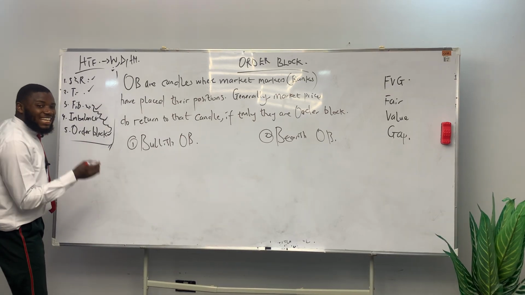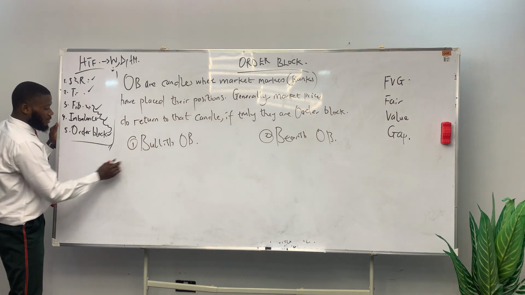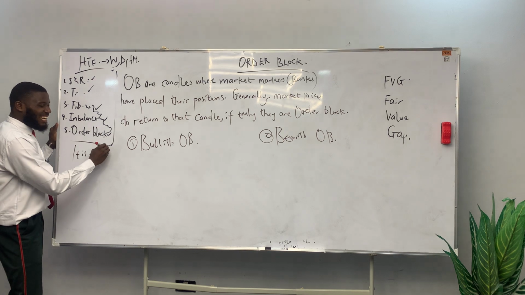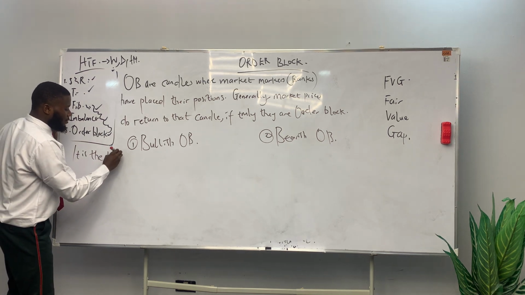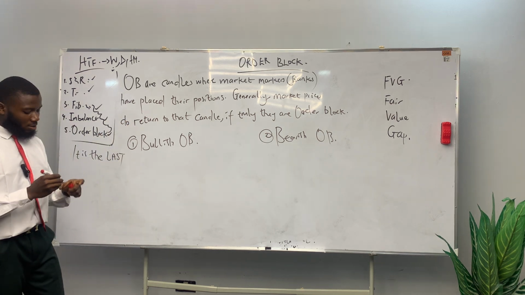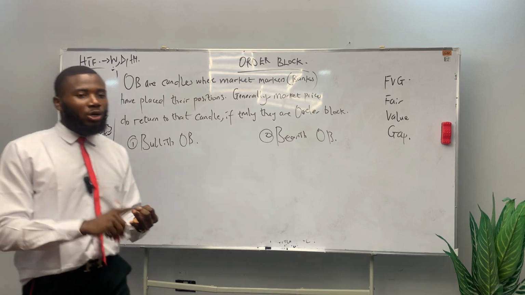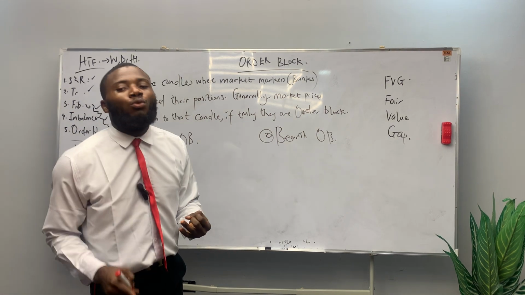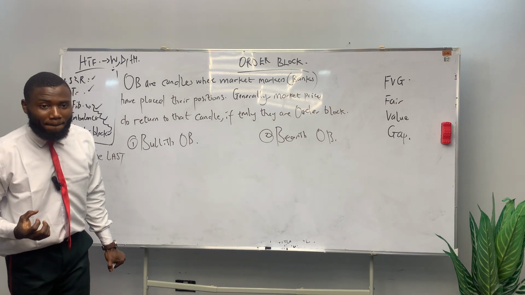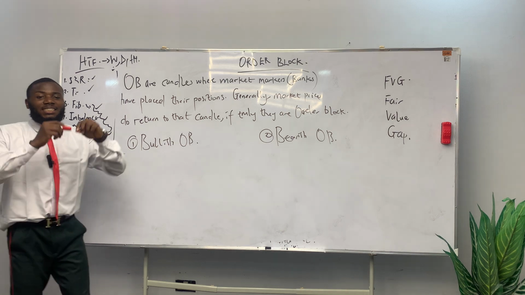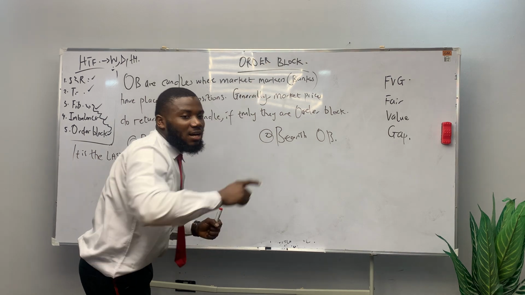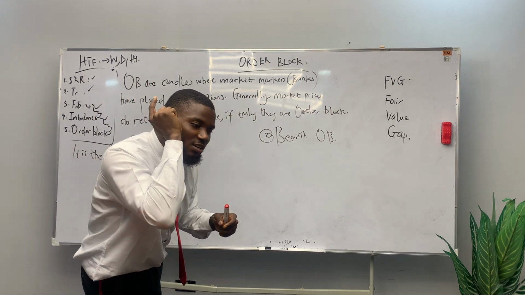The bullish order block is the last opposite candle. What is the opposite of bullish? Good, bearish, right? So it is the last bearish candle that formed before the price movement and before price broke the market structure.